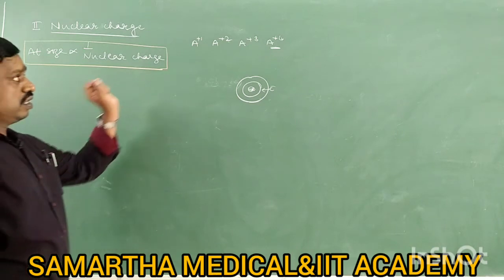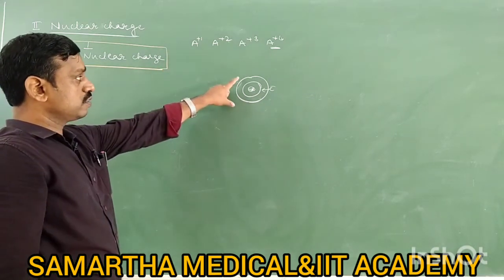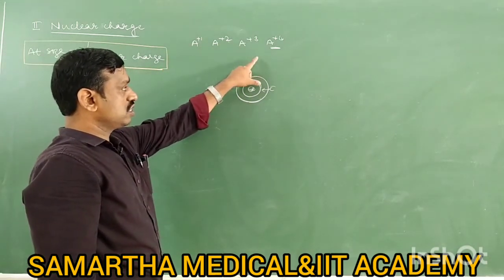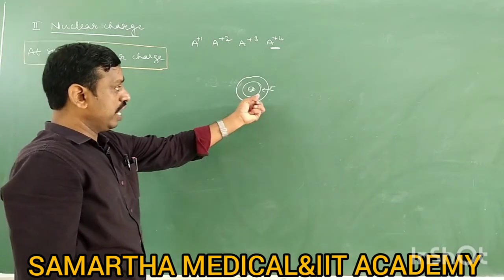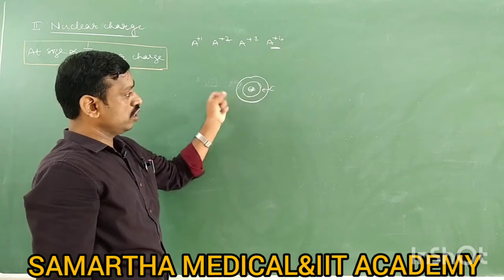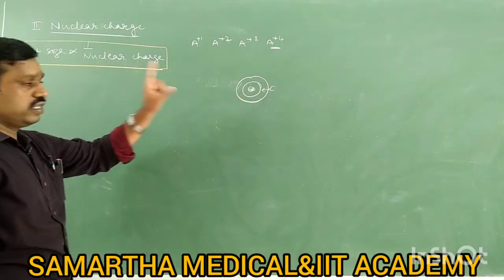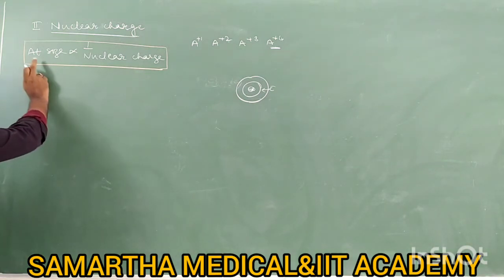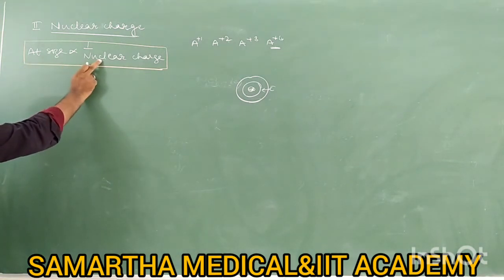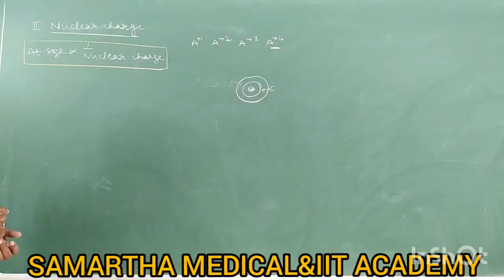It means when the nuclear charge increases, obviously the effective nuclear charge increases, thereby attracting electrons forcefully and strongly towards itself. Therefore atomic size decreases. So the relation is that atomic size is inversely proportional to nuclear charge.